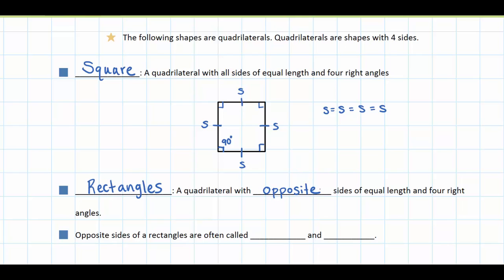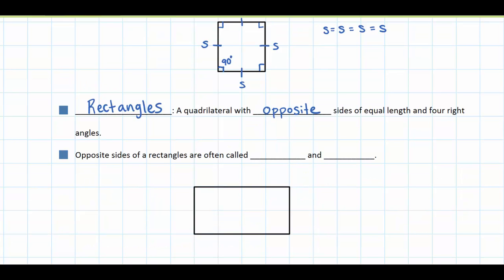But we can see rectangles that have opposite sides that are the same length, but the other opposite sides are a different length, as we see illustrated here. This side has one length, and this side has the same length of the opposite side.